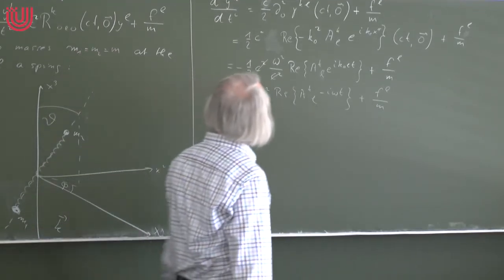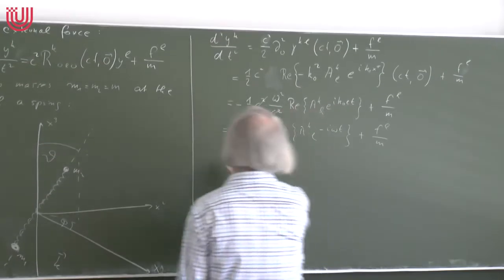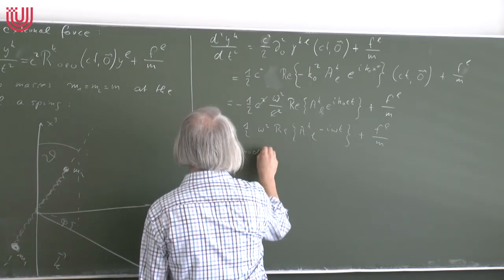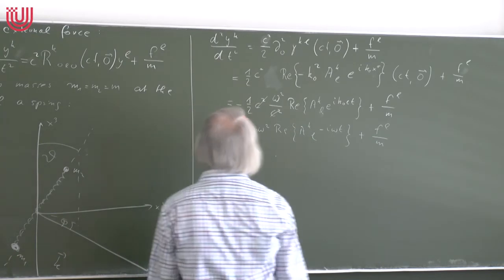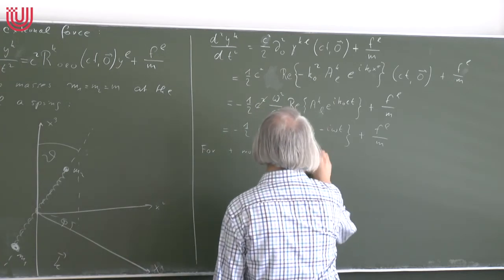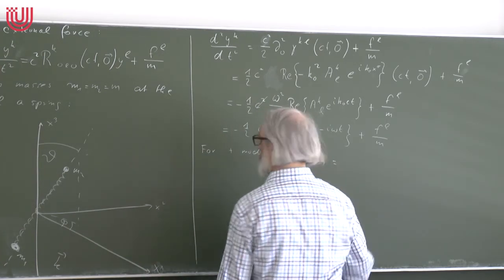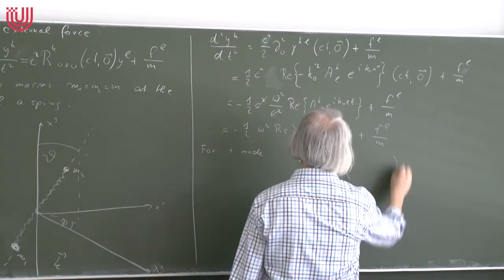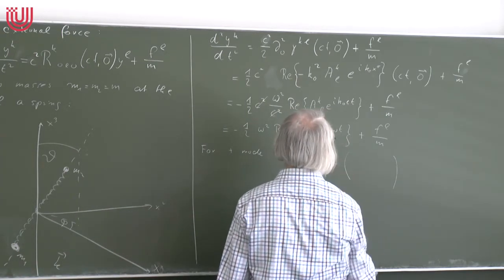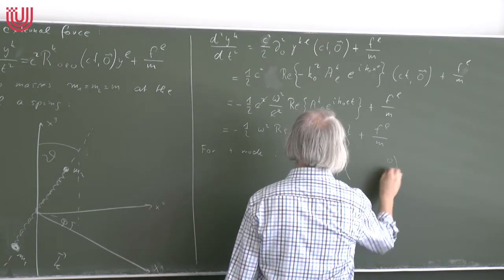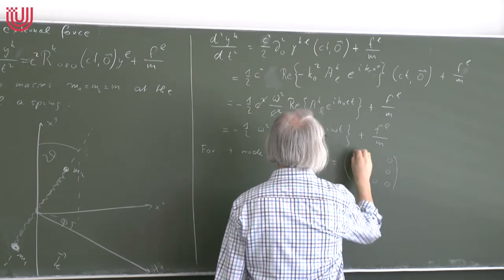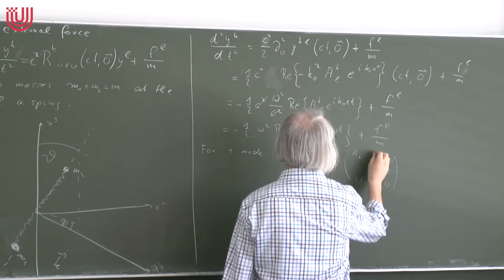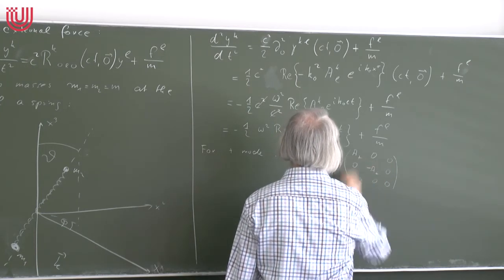Well, actually, I will specify this now for a plus mode. For the plus mode, I have akl, and it moves in the z direction. So the amplitudes are in the xy direction. Here I have zeros, and here I have an amplitude a plus, minus a plus, 0, 0.